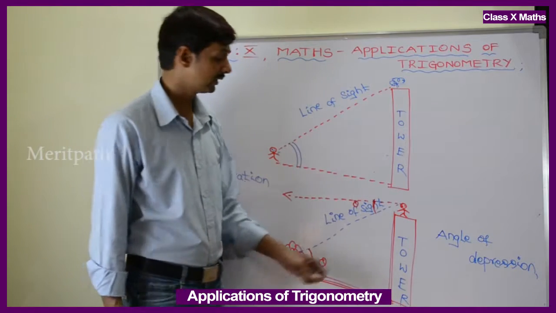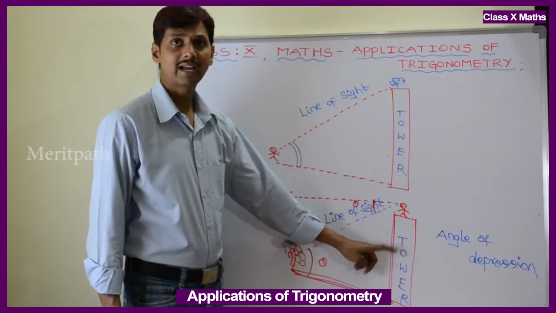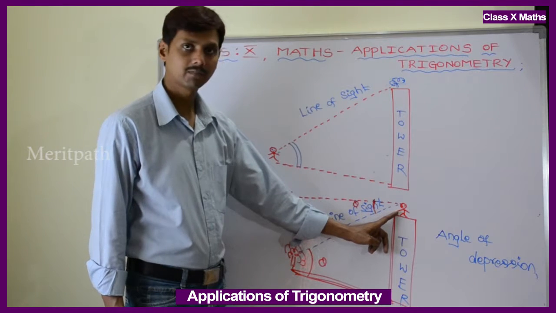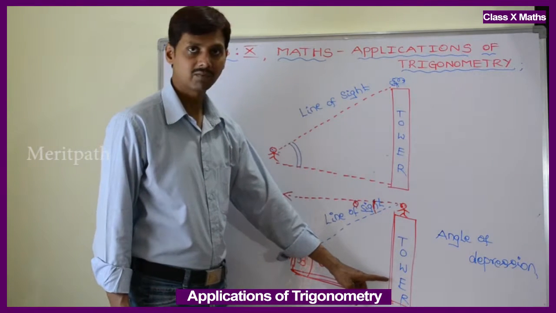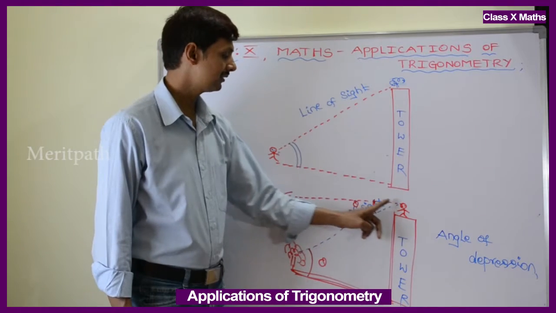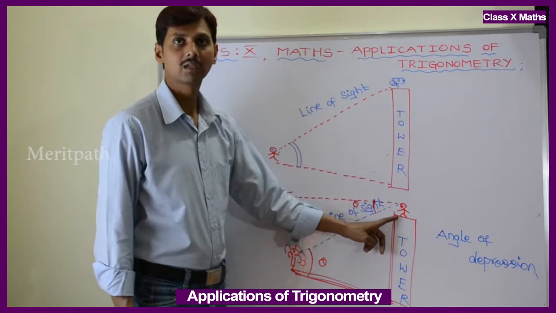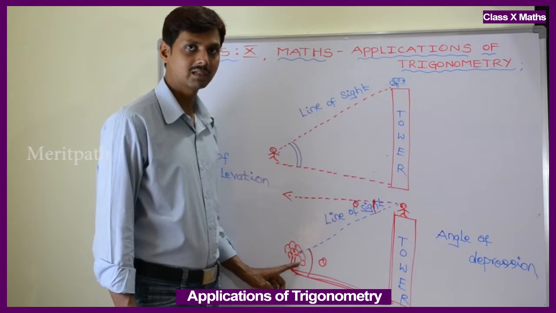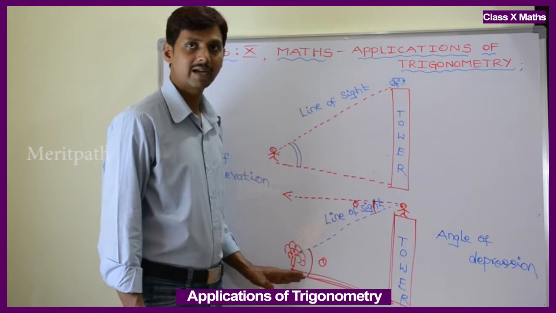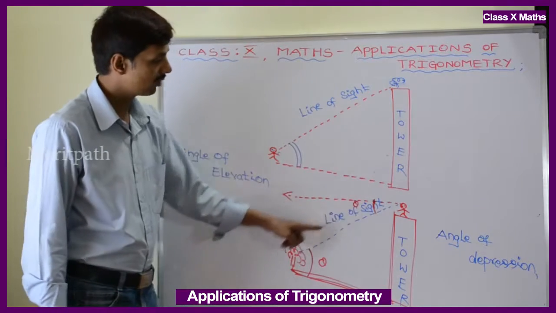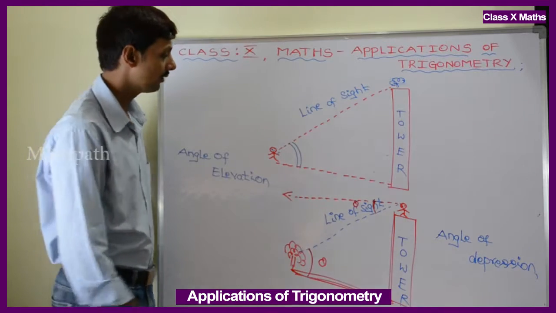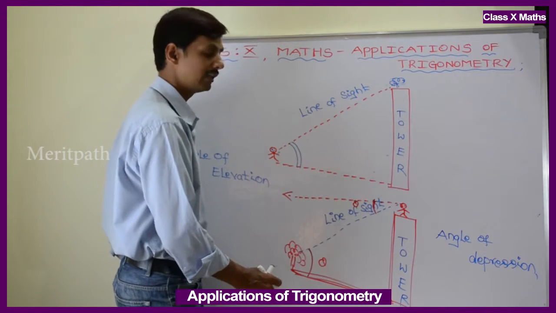In the second situation, an observer is standing on the top of the tower, and he is observing from the top of the tower, and this is a line of sight. He is observing a plant which is below his eyesight. Then in this situation it is called the angle of depression.